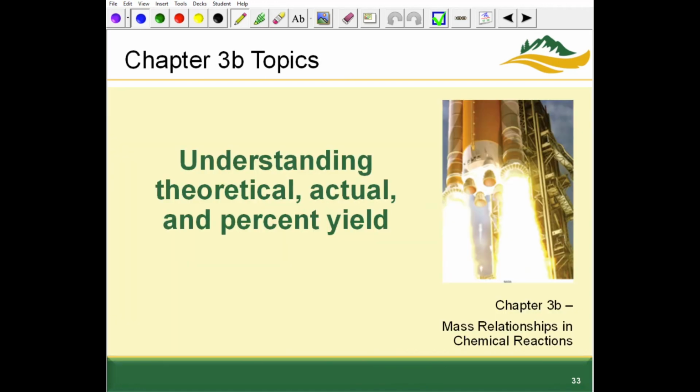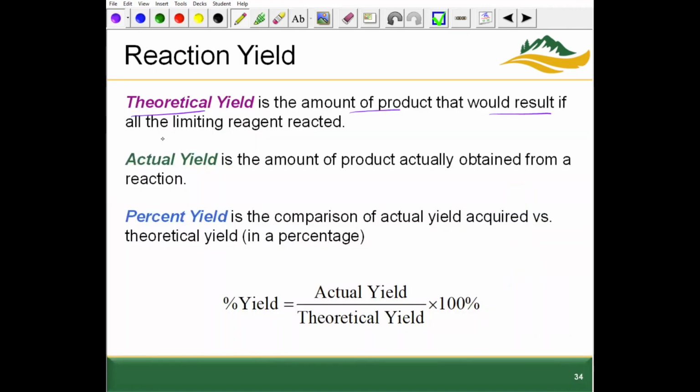The next topic here is understanding theoretical, actual, and percent yield. To define these, the theoretical yield is the amount of product that would result if all of the limiting reactant was reacted. So that's theoretically speaking. The actual yield is the amount of product actually obtained from a reaction in the physical lab, for example.